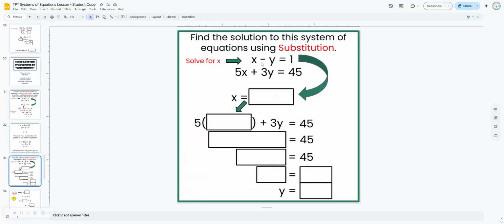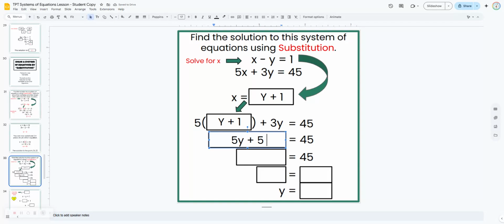We want to solve for x. So here I'm going to add y to both sides of the equation, so my x is all alone. And I get x equals y plus 1. Again, y plus 1. I'm going to distribute my 5, so I get 5y plus 5 equals 45.